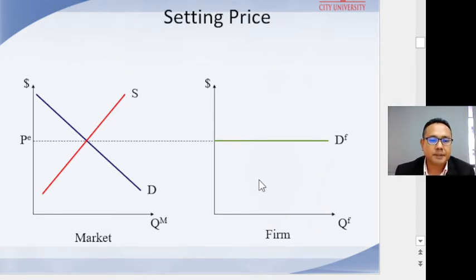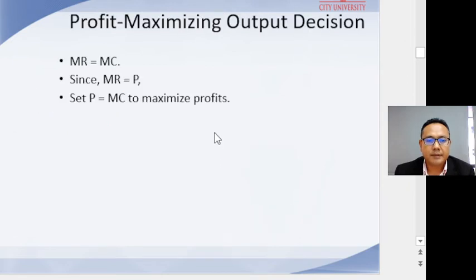In perfect competition, the price is determined by the market, so we have to follow it. In a perfectly competitive market, the target for the firm is to maximize profit through the output decision.